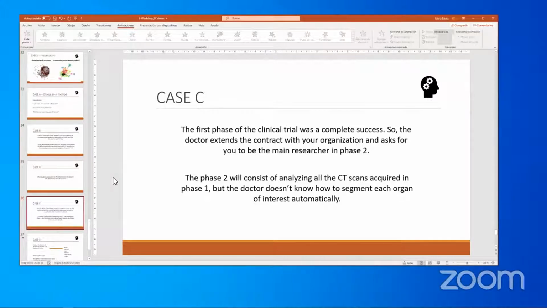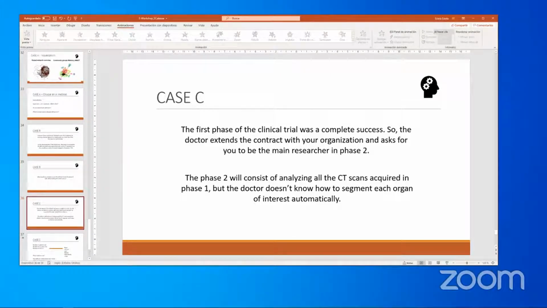So, getting into the last case scenario, as I was mentioning, this doctor asked you to be the leader and the main researcher in phase 2. So now that you have built an interface to provide this kind of results in phase 1, phase 2 will consist of analyzing all the CT scans acquired in phase 1.